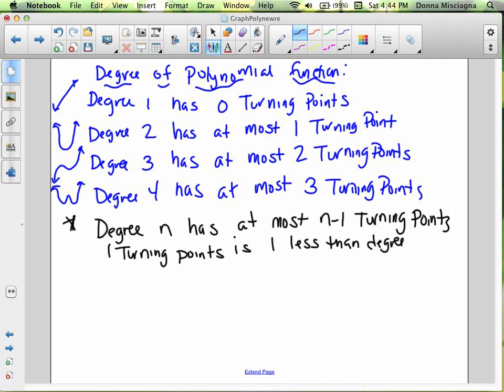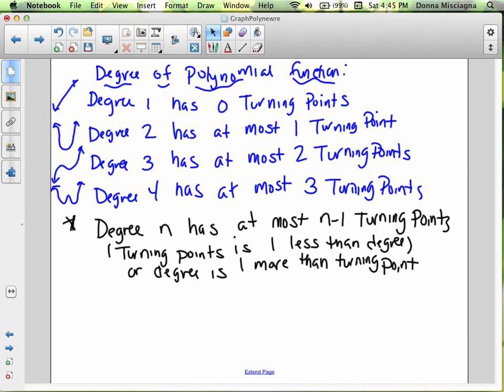The other way you could think about it is, degree is 1 more than turning points. However you think that's easier to remember. So I just counted the number of turning points. Oh, and if you need to write this down, just pause me.